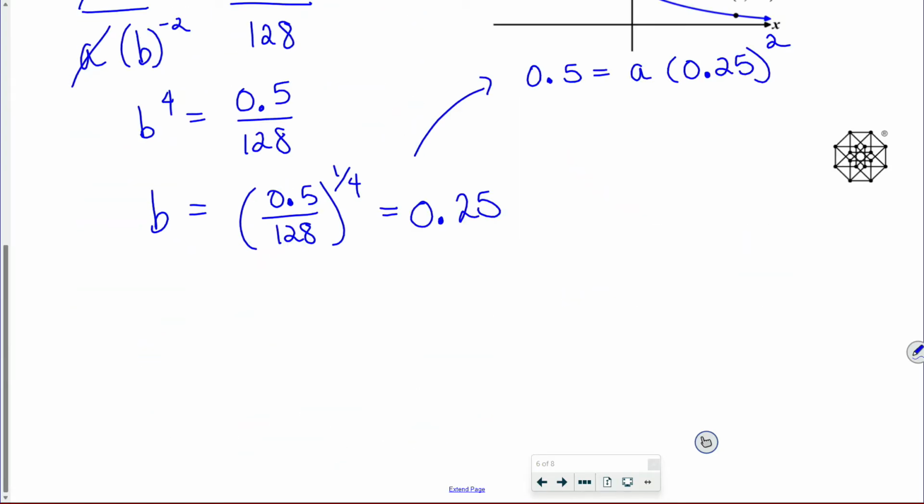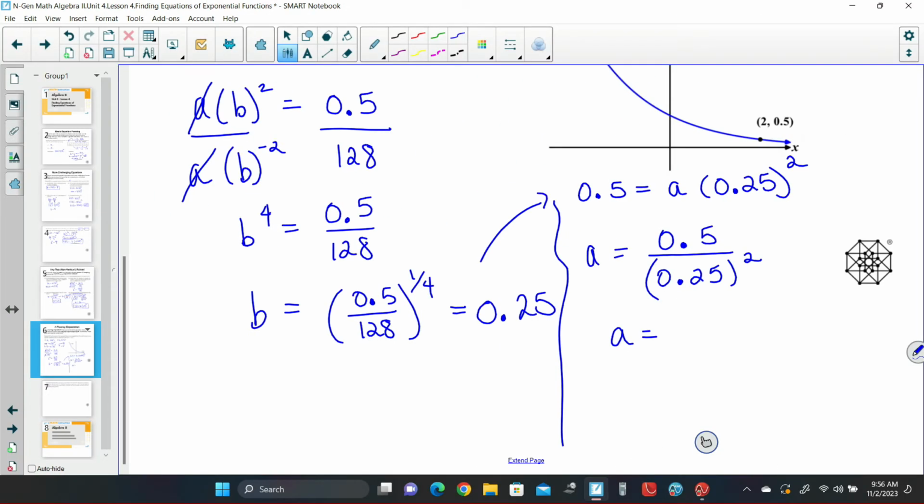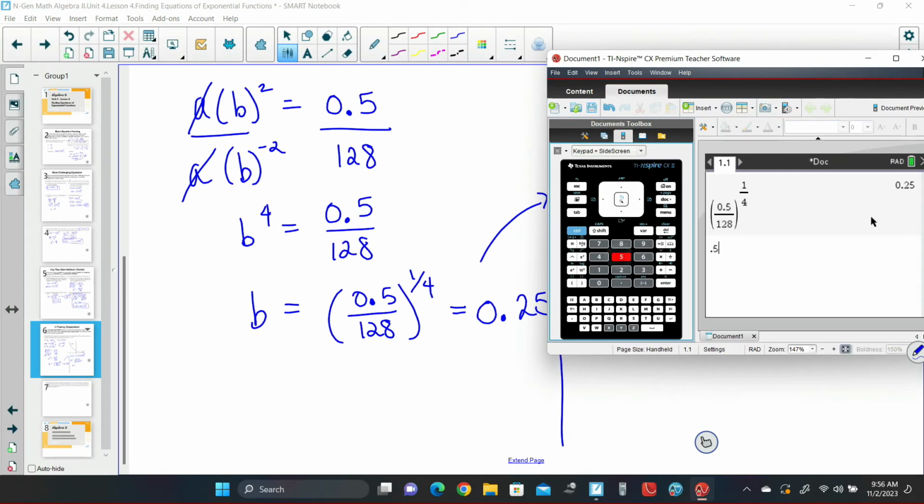Man, keep needing more page here. So a now is going to be 0.5 divided by 0.25 squared. And let's take a look, 0.5 divided by 0.25 squared gives me an a value equal to 8.